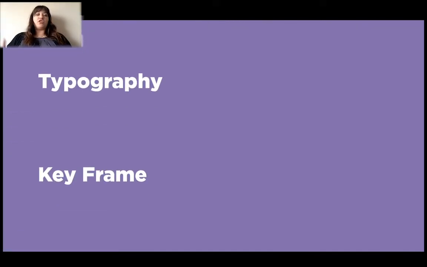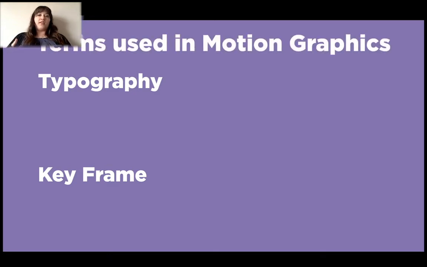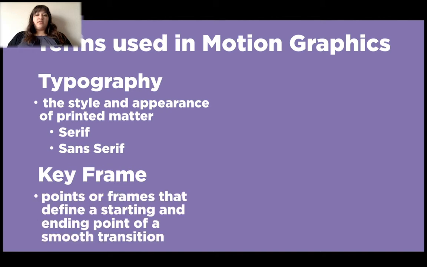So there are a few terms that are very popular in motion graphics. And the first of these terms is typography. So typography is just a font. So everything that's on the screen here is a font.